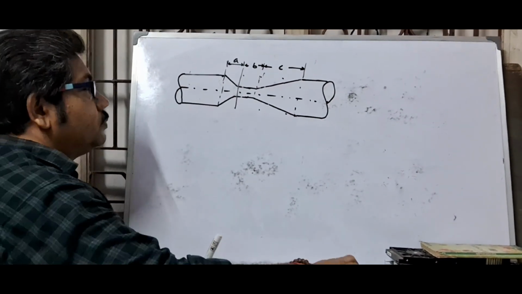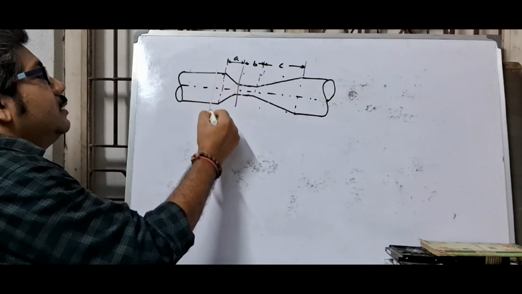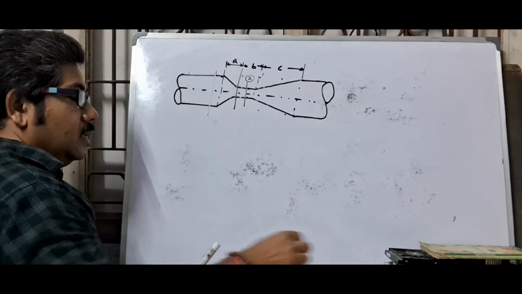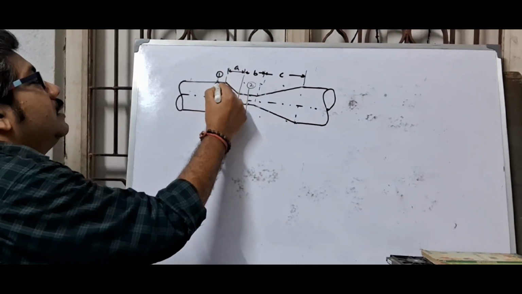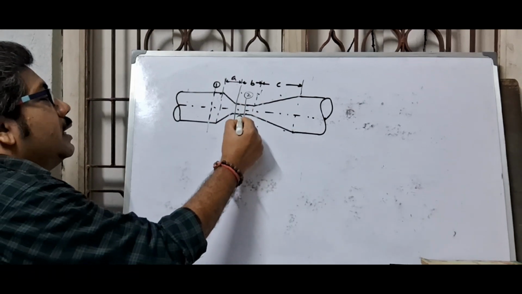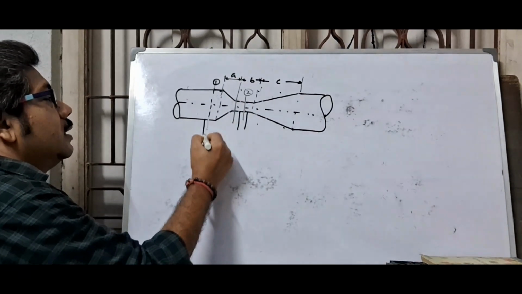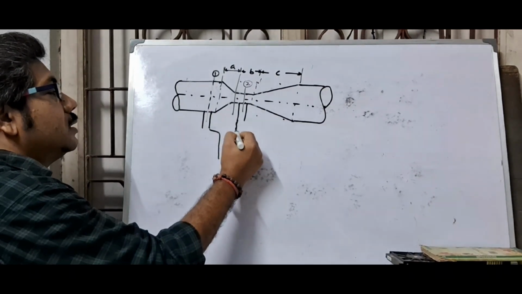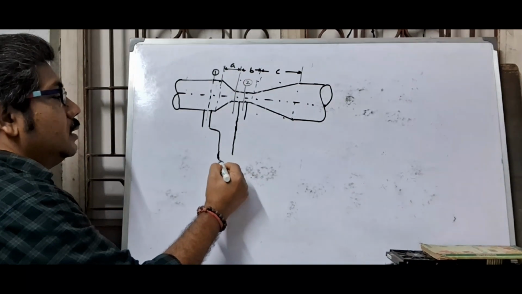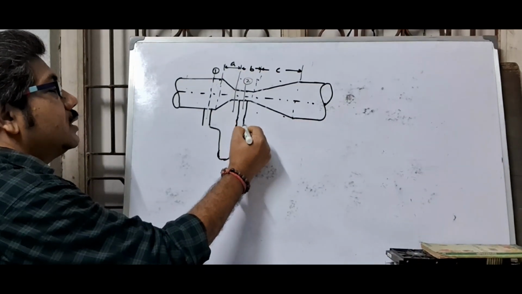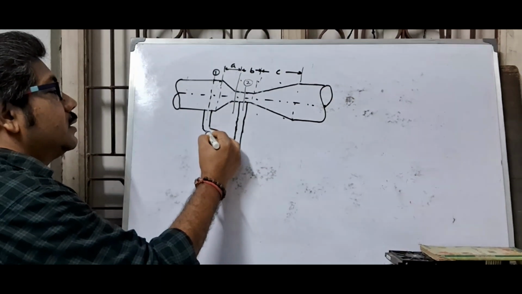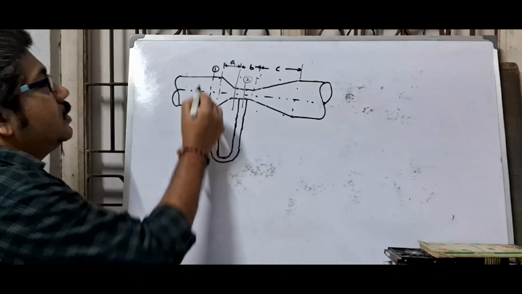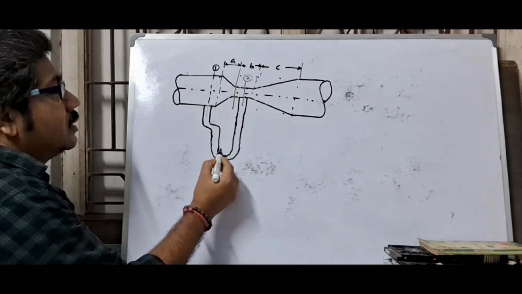Now two section lines, this is section 1 and this is section 2, and here a differential U-tube manometer is fitted to measure the pressure difference between 1 and 2 section.